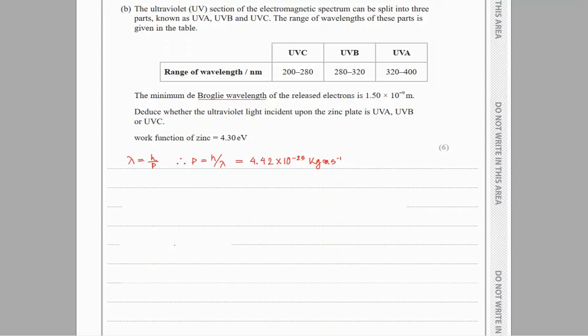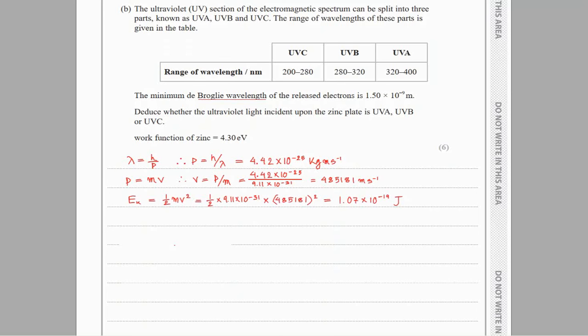So this is the value for the momentum of the released electrons. Once you have momentum, you can find out the velocity using p equals mv. And once you have found out the velocity, you can easily find out the kinetic energy using half mv squared.